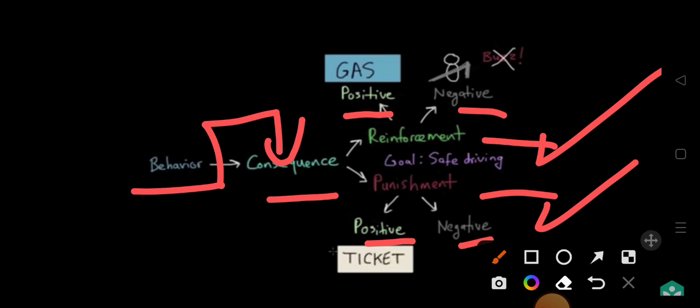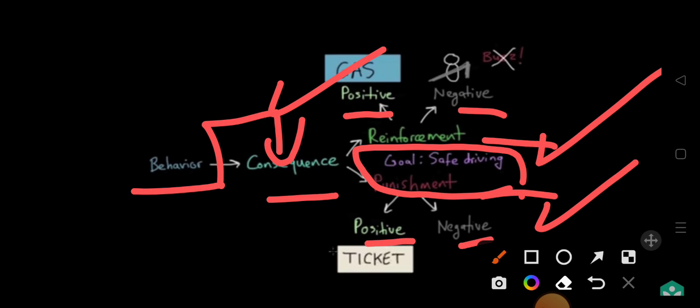Okay, so for reinforcement, if we have the same example, the goal here is safe driving. So I'm giving you positive reinforcement: if you are good, or you keep driving safely and follow the rules, I'm giving you free gas.